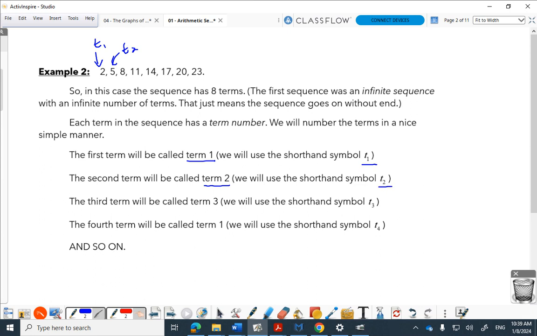Nothing complicated here. And then the third term will be called term 3, and we'll use T3. And the fourth term will be called, ooh, there's the error. The fourth term will be called term 4. Can you fix that in your note? I didn't know there was an error, but I assumed there was. And then that'll be called T4, and so on. That's how we number the terms.